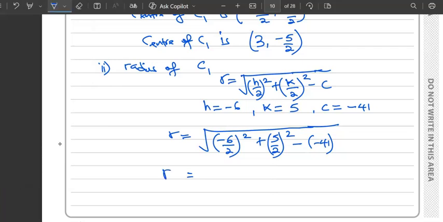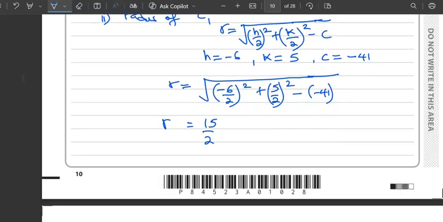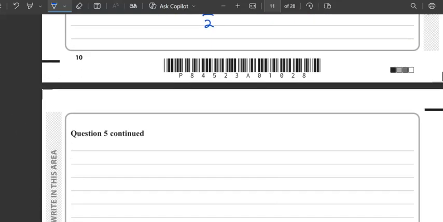So we'll have the radius here to be 15 over 2. So that is part A, (1) and (2). Let's proceed to part B.